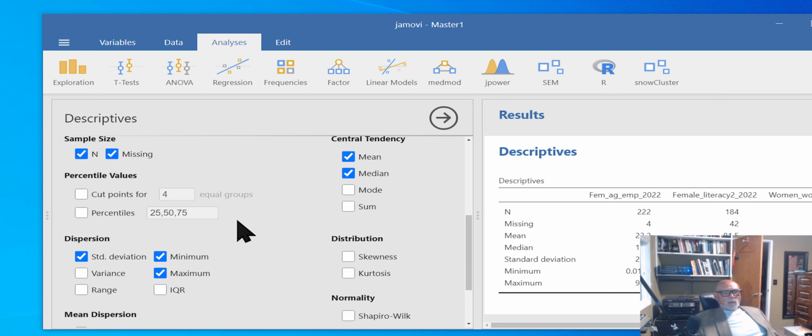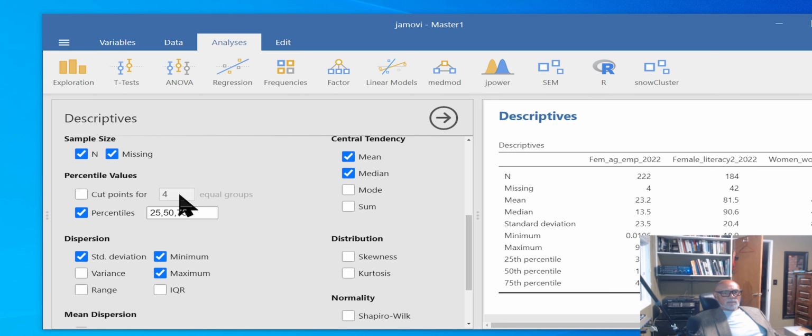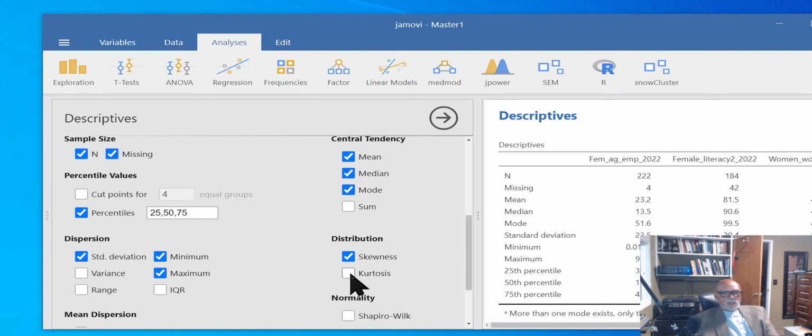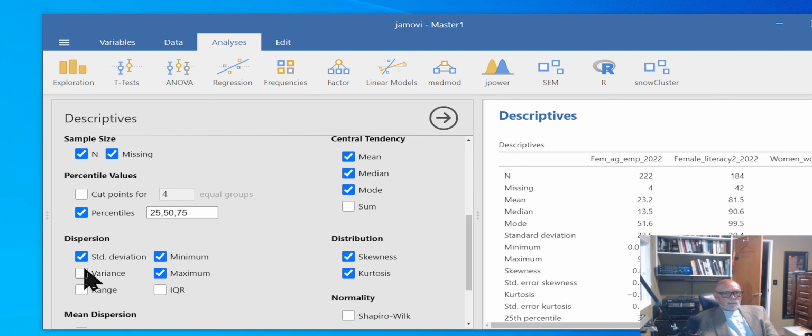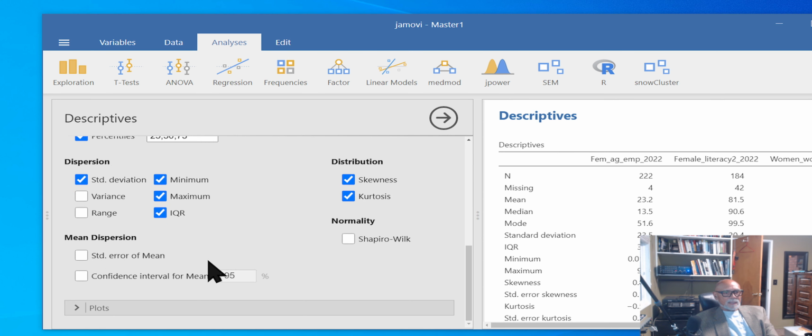So let's select the percentiles, the 25th, the 50th, and the 75th, and that'll give us the interquartile range, the 75th minus the 25th. We want the mode, skewness, and kurtosis. Standard deviation, we'll get interquartile range and just double check it. Variance, why not?